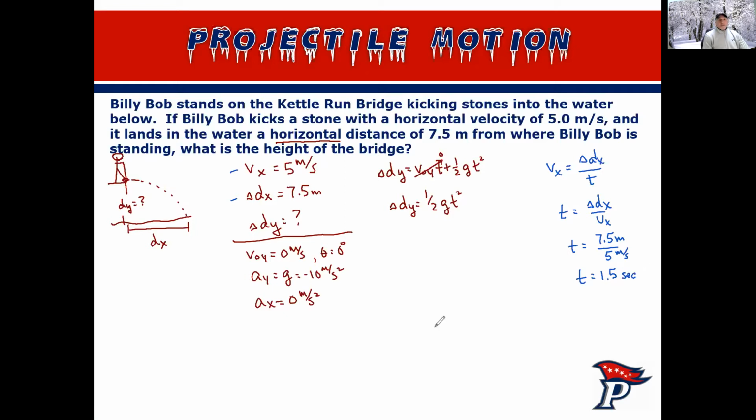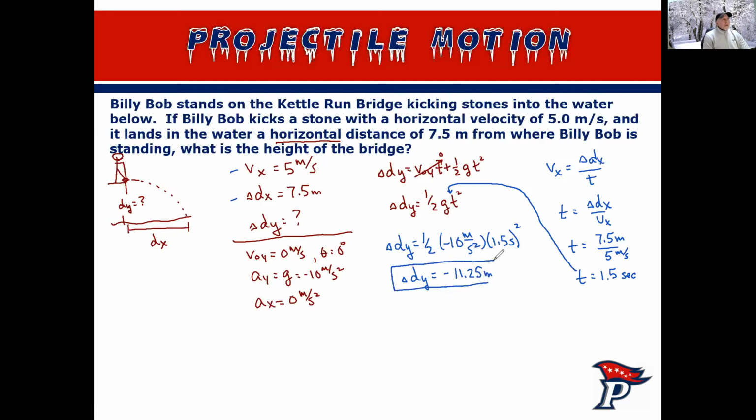seconds. Right? Pretty basic. We're just dividing 2 numbers that are given, but that value of time can go right here. And now we can substitute that in. 1/2 times -10 times 1.5 seconds squared. And what do we get? We get a negative, because it's falling down. 2.25, 22.5, half of that, 11.25 meters, right, is how far it falls.